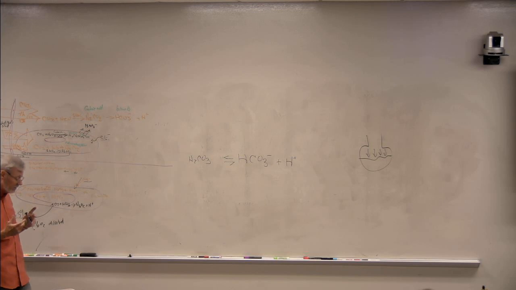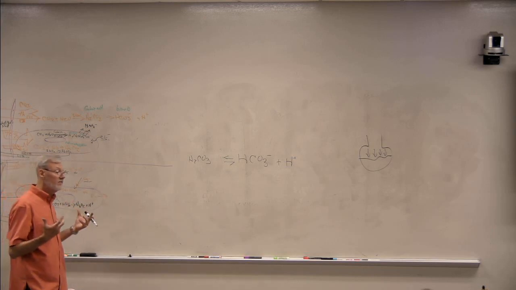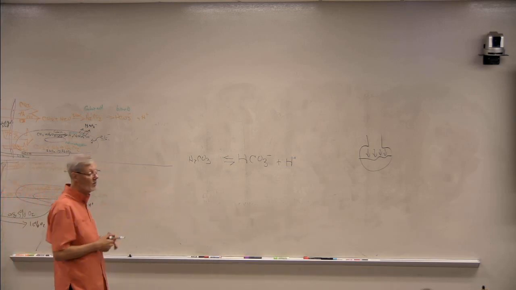We also said hemoglobin is carrying about 20% of the CO2. It dissociates, and the CO2 will go from the bloodstream into the alveolus so we can breathe it out.